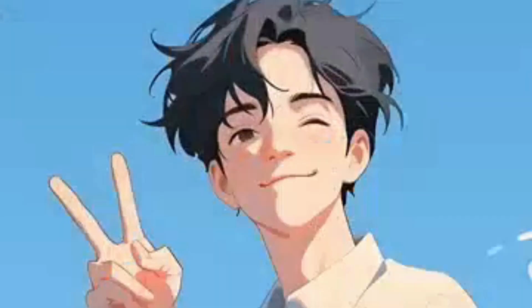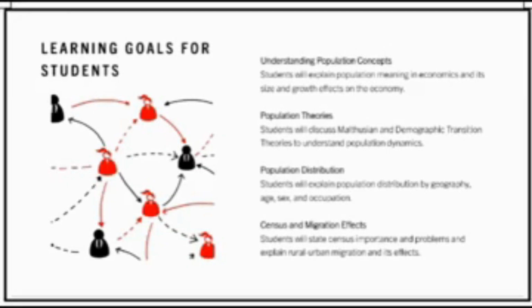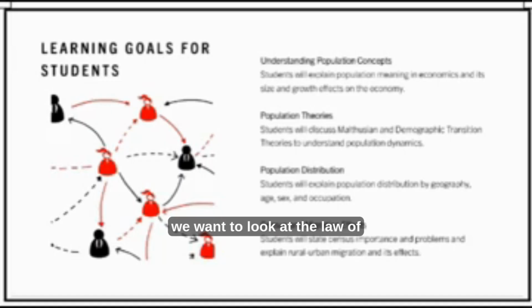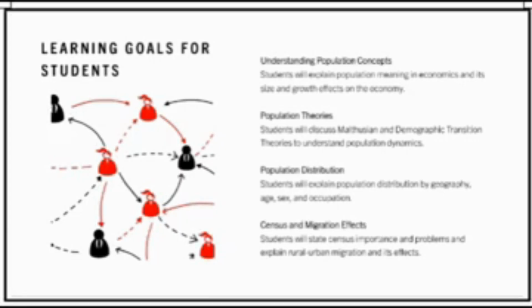At the end of today's class, students will be able to explain the meaning of population in economics, describe how population size and growth affect the economy, discuss at least two population theories which we are going to look at, explain population distribution, geographical location, age, sex, and occupational distribution of population, state the importance and problems of population census, and as well be able to explain the concept of rural-urban migration and its effects.